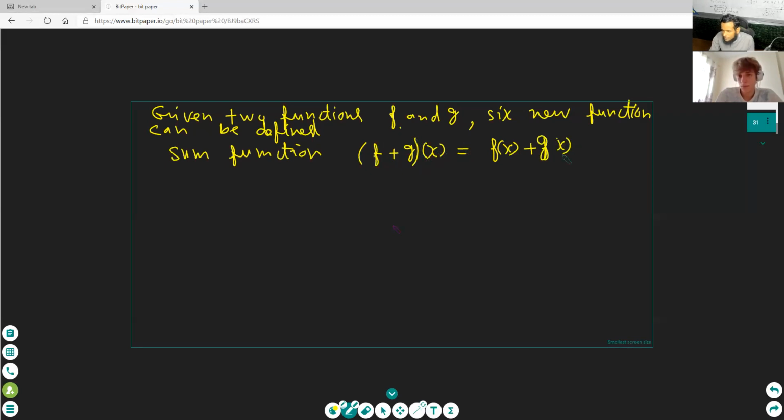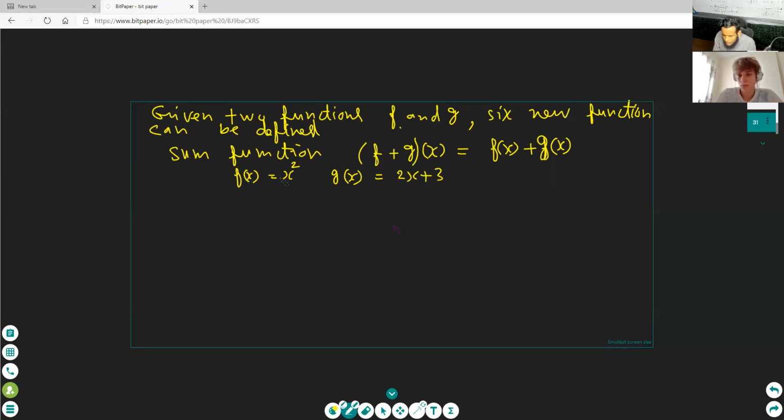This is the formula. For example, I have given f of x. I write f of x is equal to x square and g of x is equal to 2x plus 3.